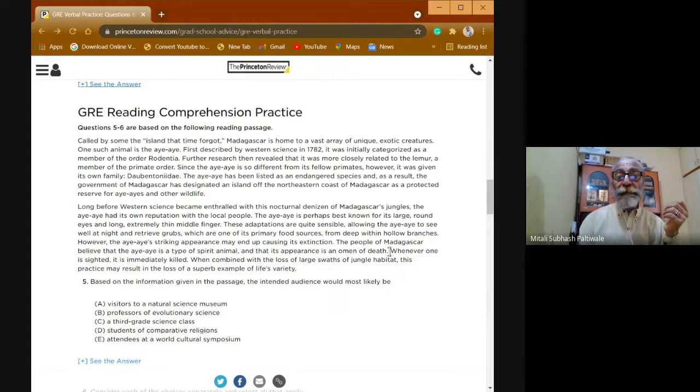The people of Madagascar believe that the aye-aye is a type of spirit animal. It is a ghost type or a bad omen. It has some spirit effect in it, and its appearance is an omen of death.